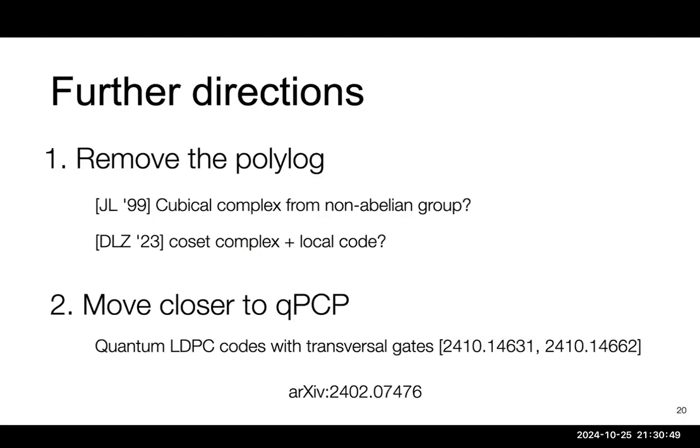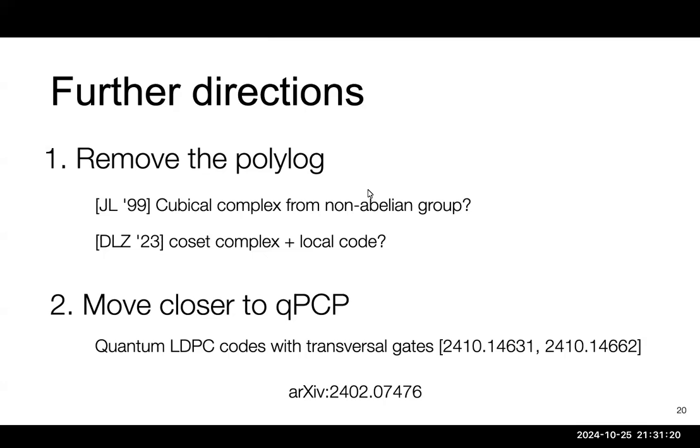For future directions, a natural question is: can we remove the polylog in the current construction? One possibility is to take a more general cubical complex from non-abelian groups. However, this choice would impose some extra symmetry constraint on your local code. For example, this is satisfied by some Reed-Solomon codes, but they do not have enough robustness to make our current argument work.